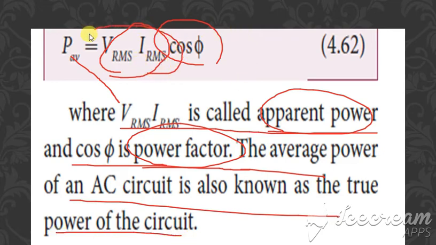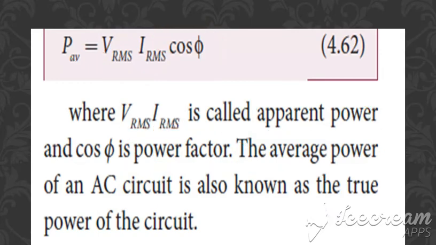Clear? So Vrms Irms is called what? The apparent power, and cos phi is called the power factor. Now we have a few special cases, and this formula is very important: P average is equal to Vrms Irms cos phi.